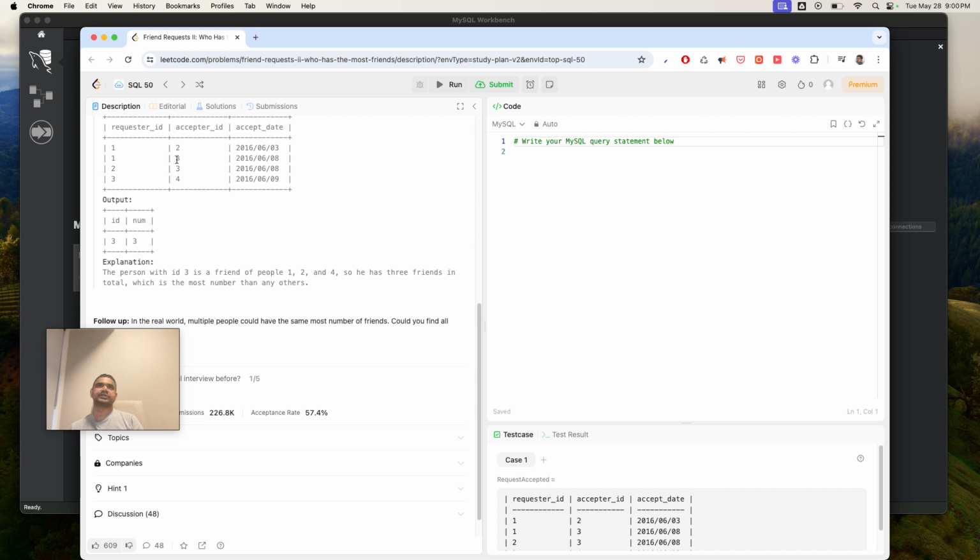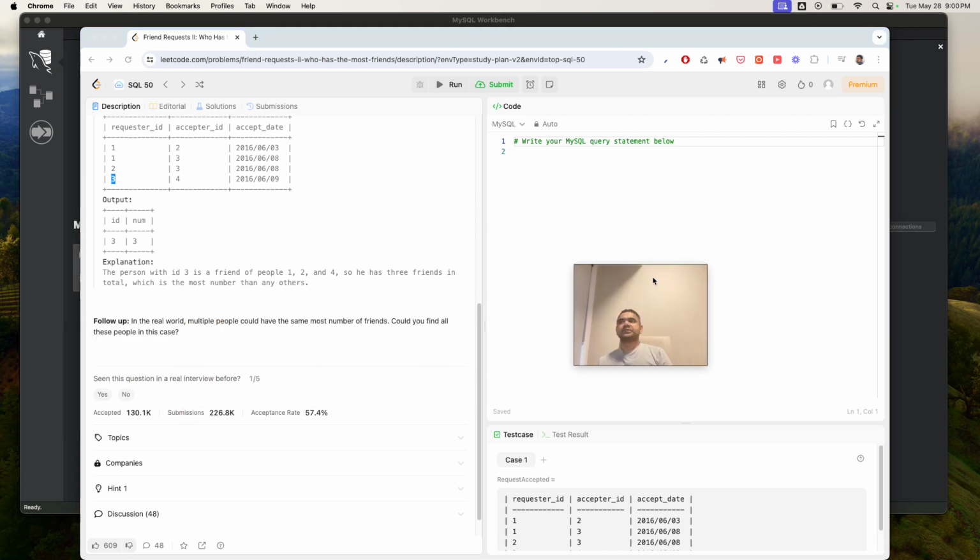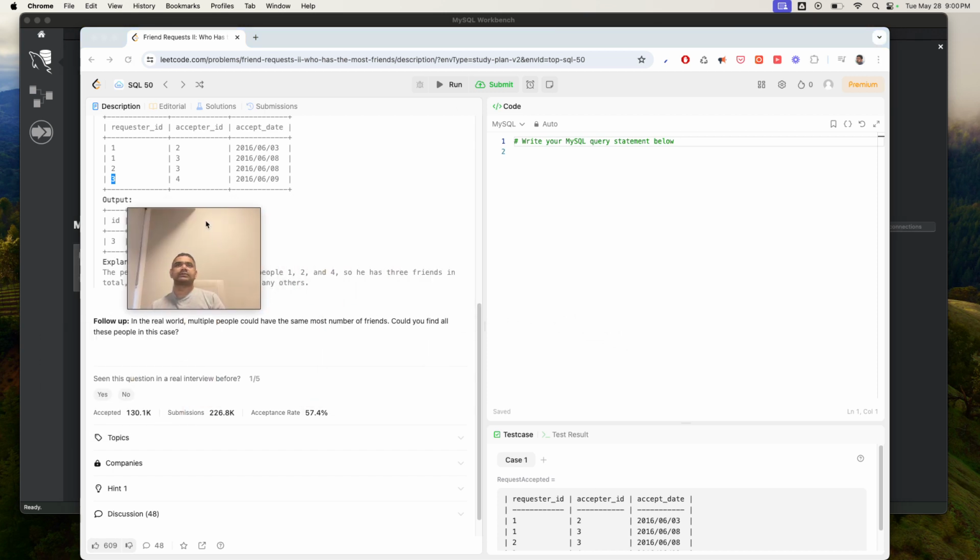So you need to take both columns into account. Whether they are requesting or being requested, both fall into our result. That's the thing.